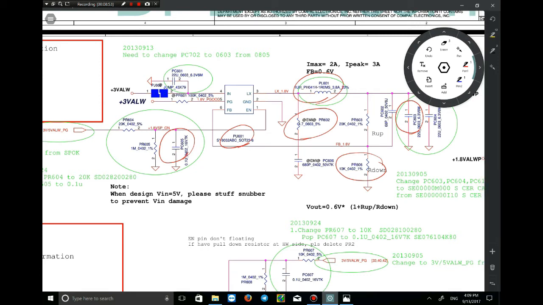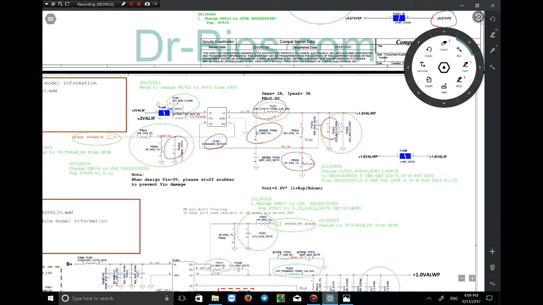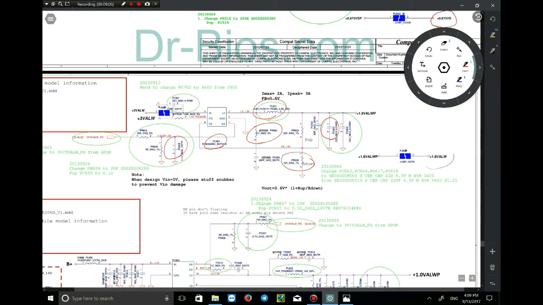All of them are over 600. These are related to the power block: 1.8 volt power always and 1 volt power always.